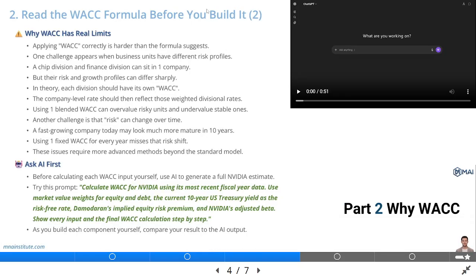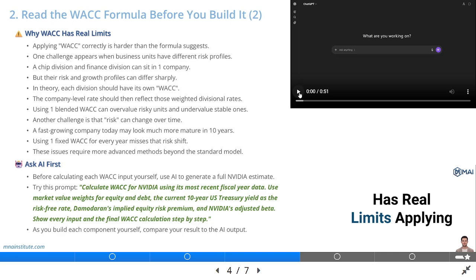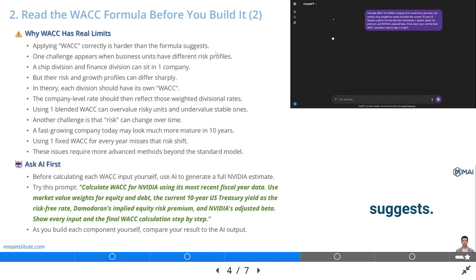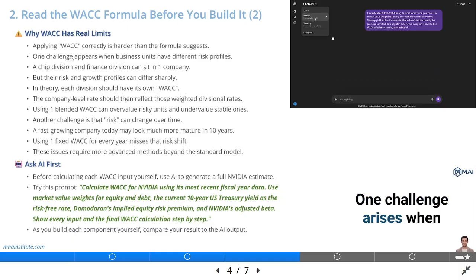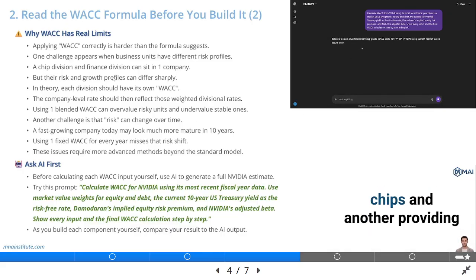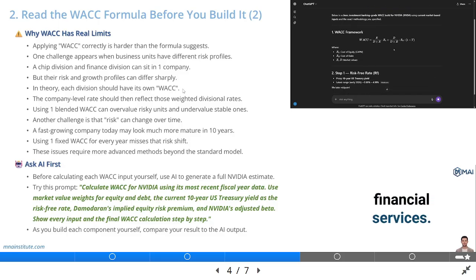Part 2. Why WACC has real limits. Applying WACC accurately is more involved than the formula suggests. One challenge arises when a company operates across multiple business units with different risk profiles. Consider a company with one division producing semiconductor chips and another providing financial services.